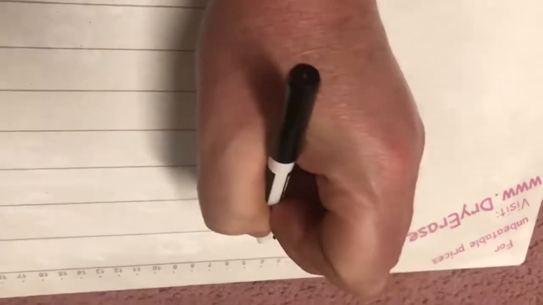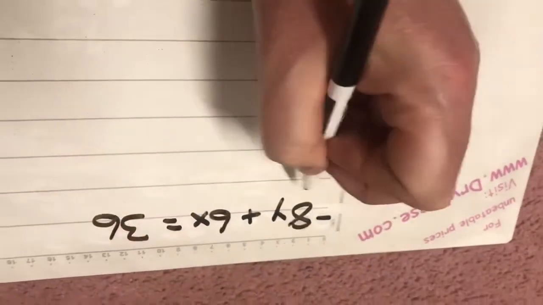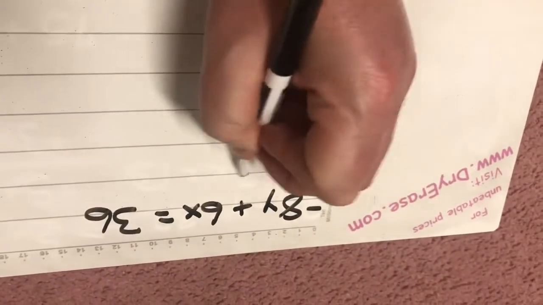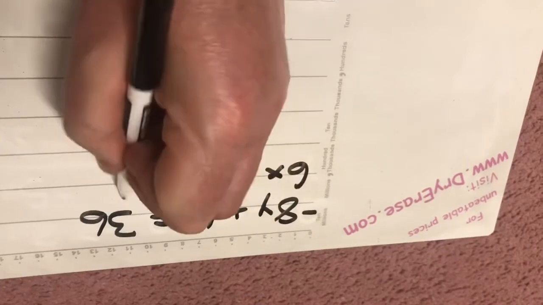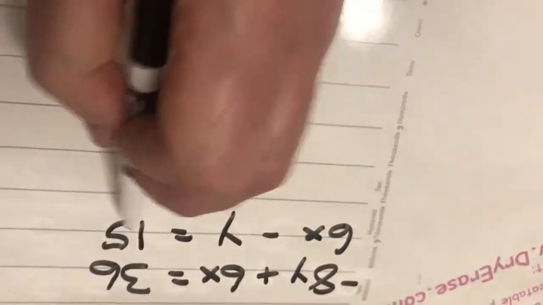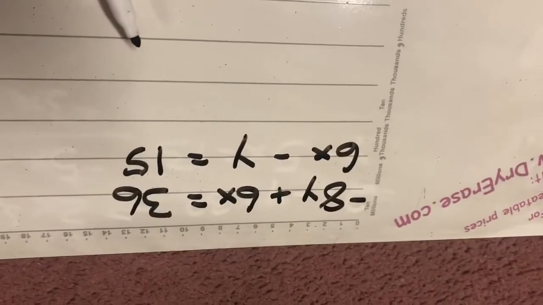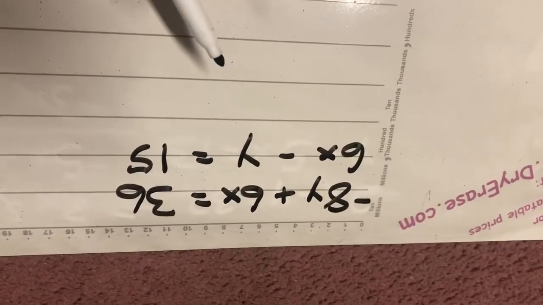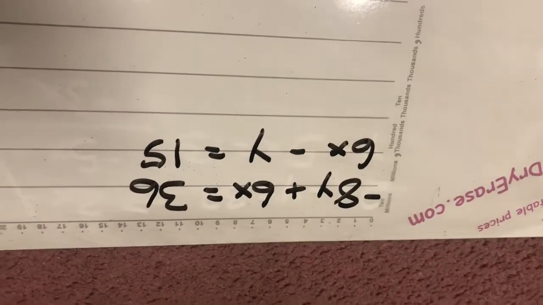Let's say we have negative 8y plus 6x equals 36, and 6x minus y equals 15. Once again, I have to rewrite one of the equations so that the like terms line up.